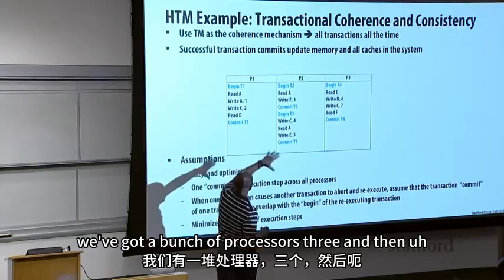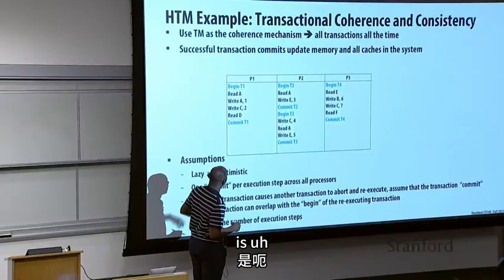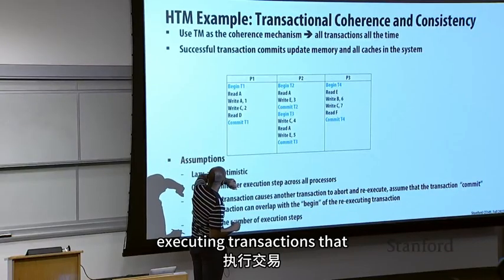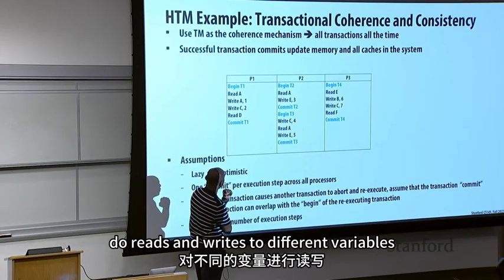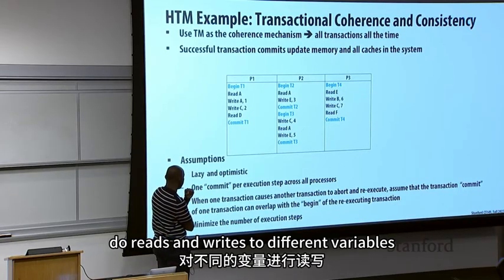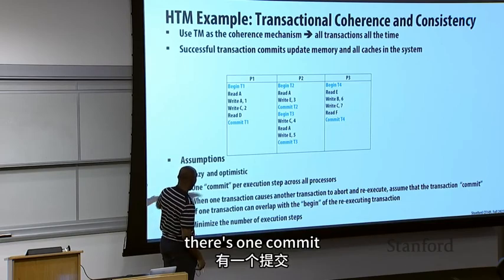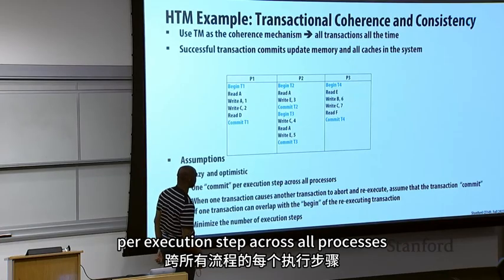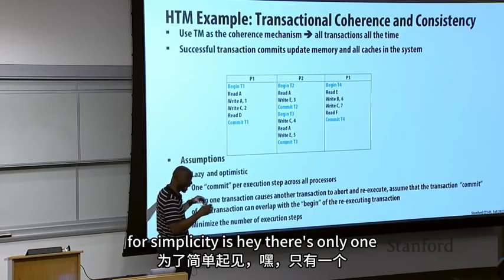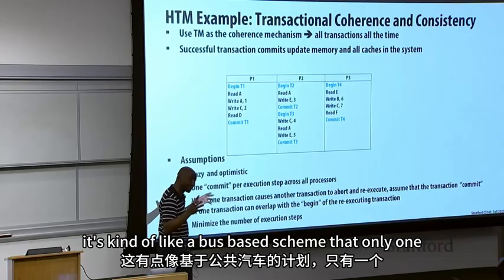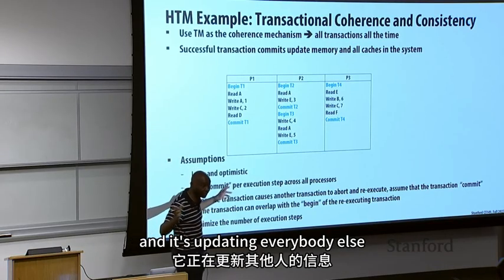We've got a bunch of processes, 3, and each of them is executing transactions that do reads and writes to different variables. The assumption is there's one commit per execution step across all processes. The reason you want that for simplicity is that it's kind of like a bus-based scheme, where only one transaction is committing at a time and it's updating everybody else.